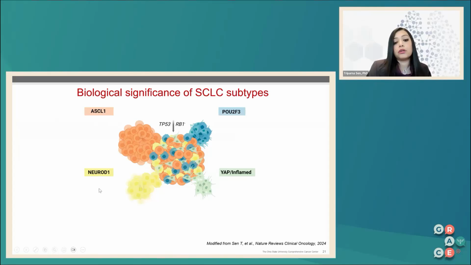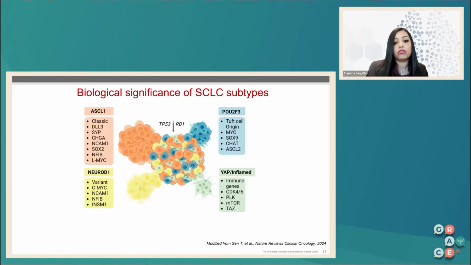And the next is NeuroD1. And we also have about 10% of patients that fall under this POU2F3 subgroup. And then we have a minority of the patients who are more inflamed in nature, that have higher expression of immune genes.